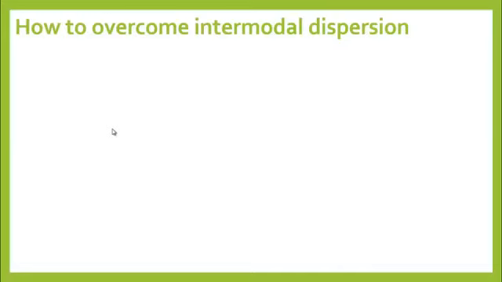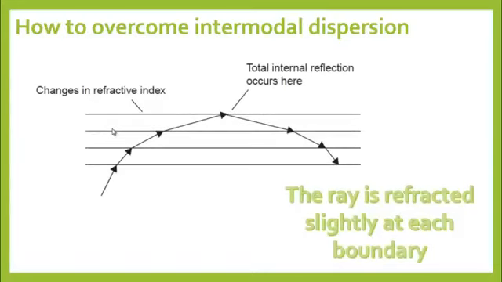We can consider the core to be made of a whole series of discrete changes in refractive index, as shown in this figure. At each boundary, there is a change in refractive index, and the light ray is refracted slightly. Every time the ray is refracted, the angle of incidence increases. Eventually, the ray will approach a layer at an angle greater than the critical angle, and reflection occurs.